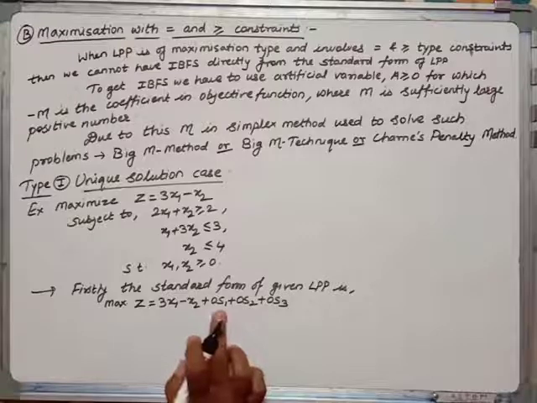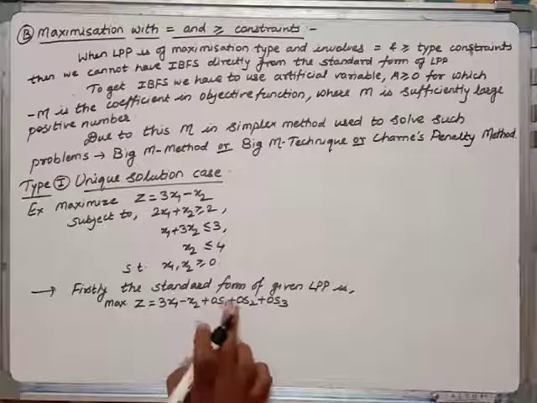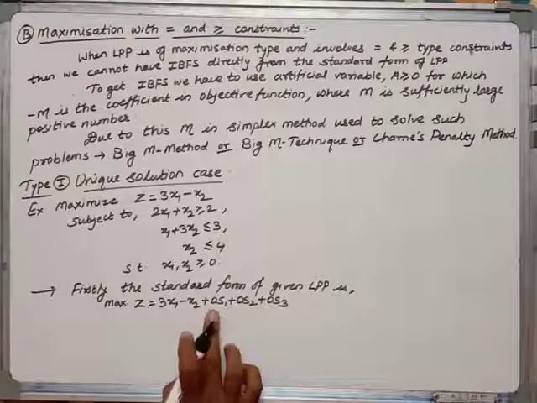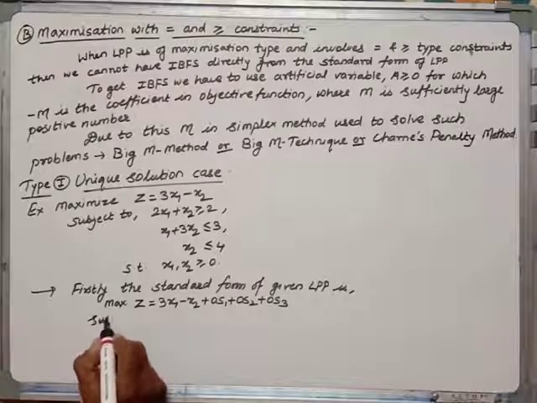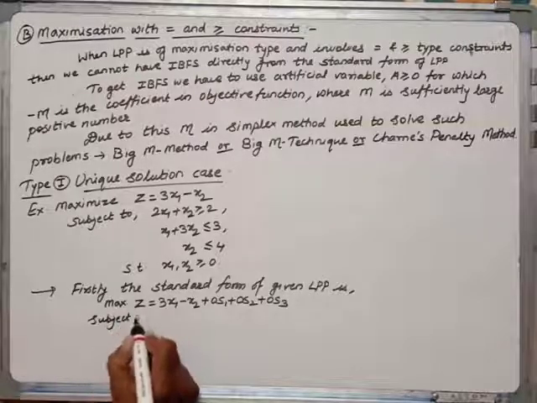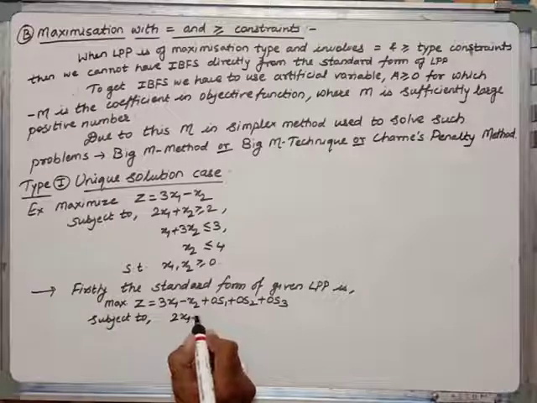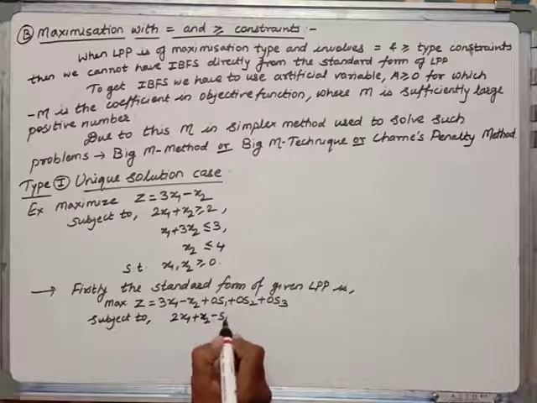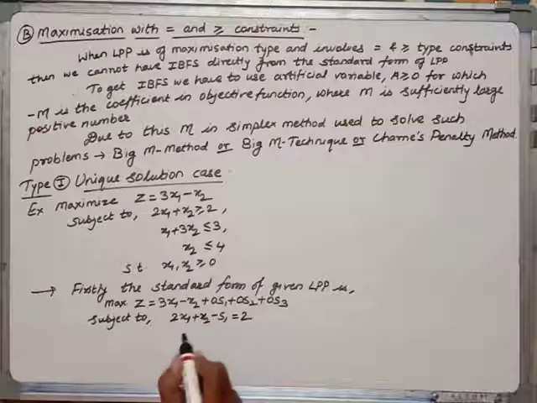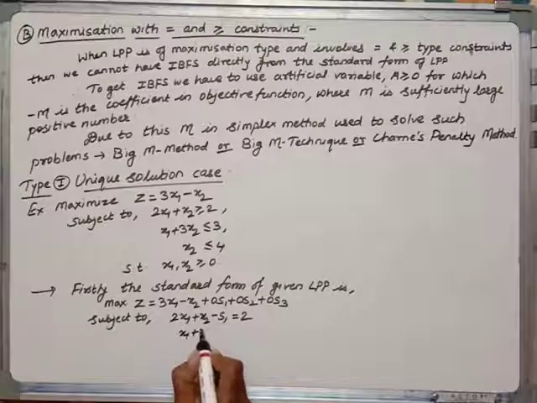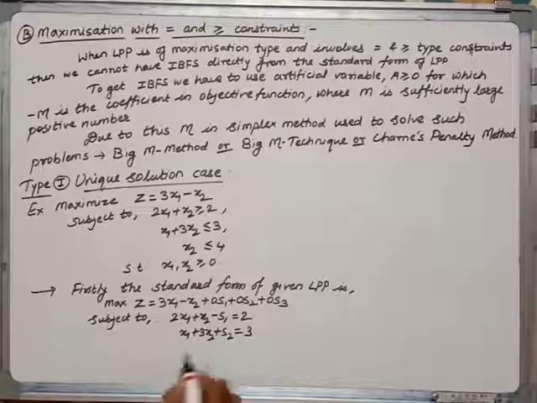Now here there is no problem with the sign of this s1, as the coefficient is 0, so its overall value is 0 here, subject to 2x1 plus x2 minus s1 greater equal 2, so s1 is a surplus variable. Now x1 plus 3x2 plus s2 equal to 3.